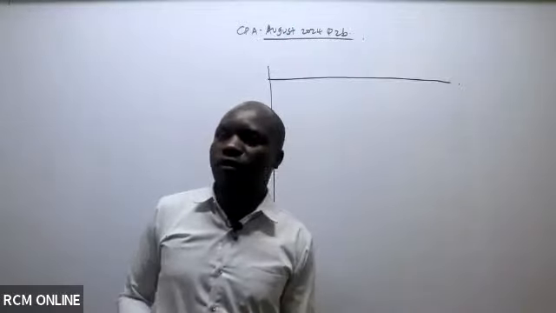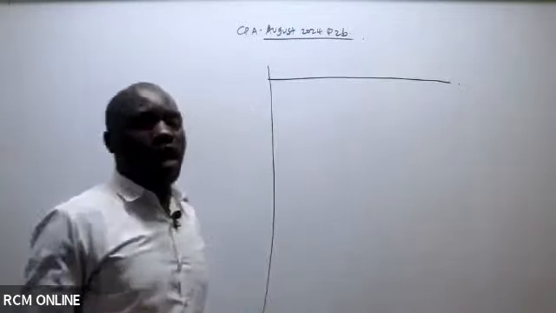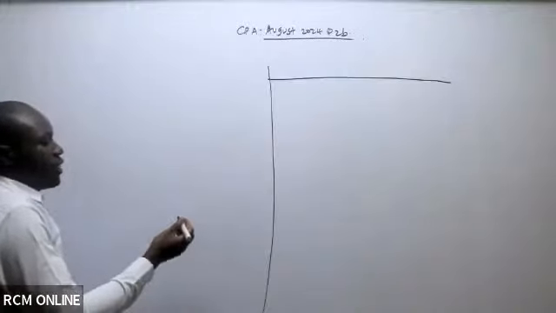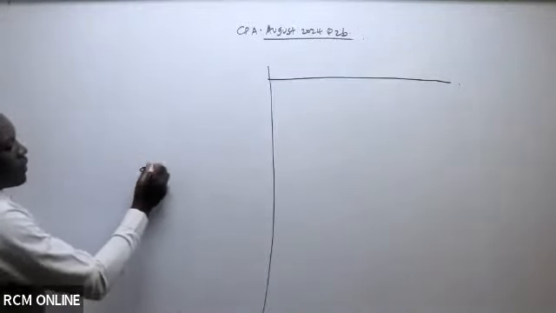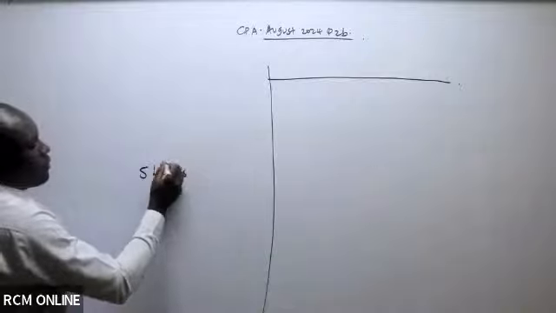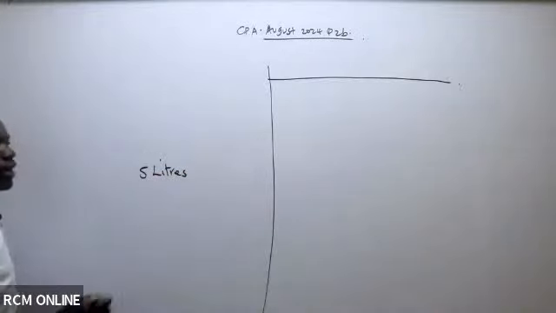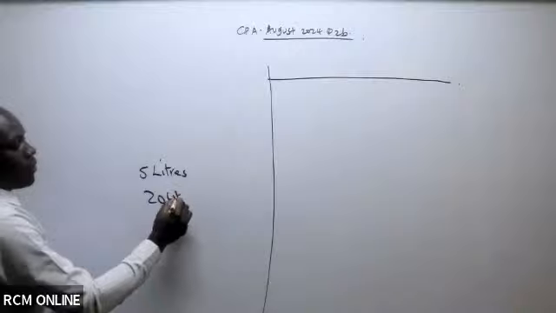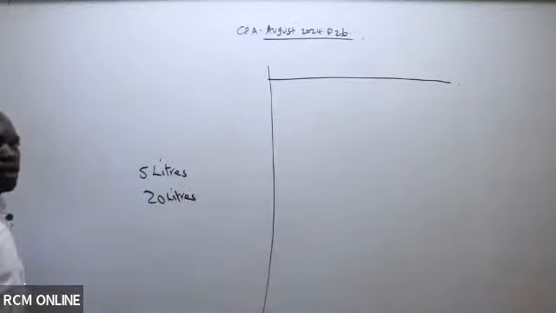Are you able to identify one of the factors? Why is it that you are only having 5 liters of cooking oil instead of 20 liters?